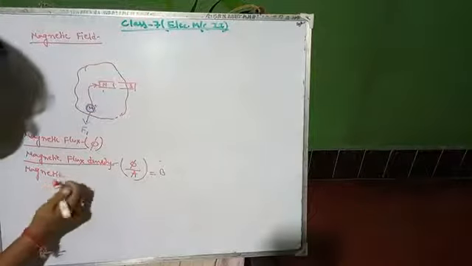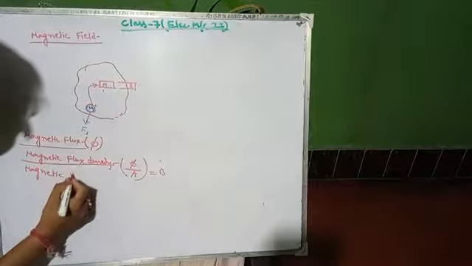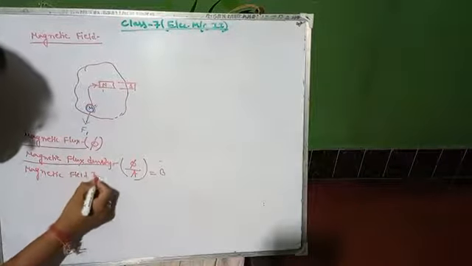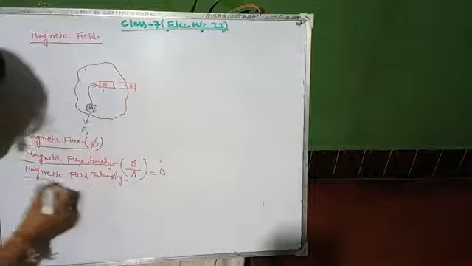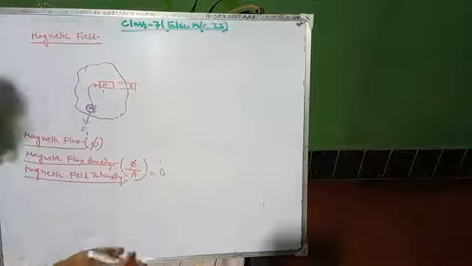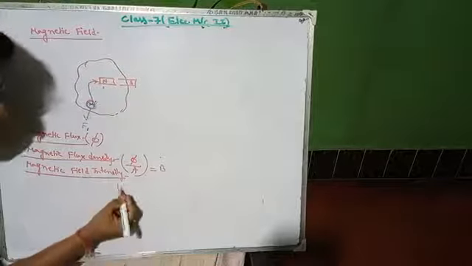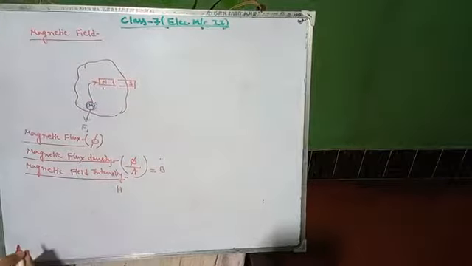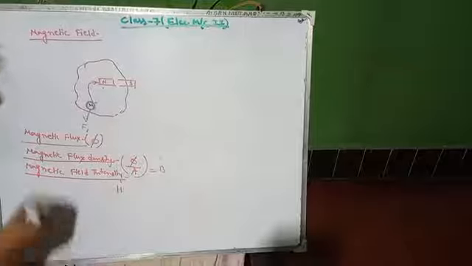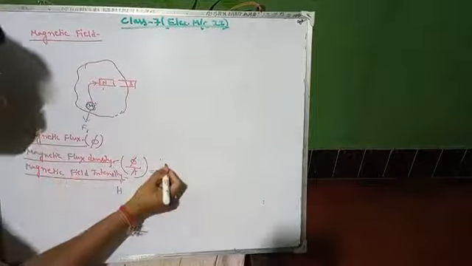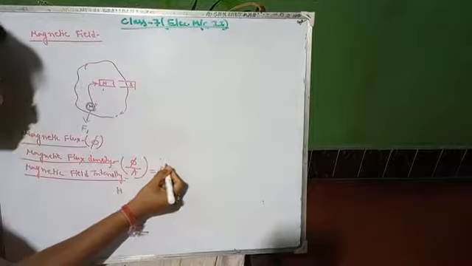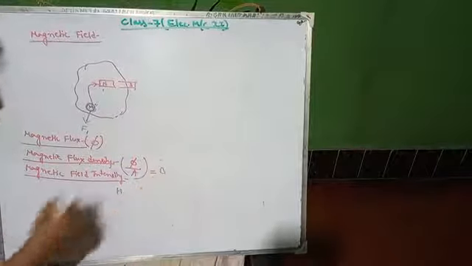Next topic, magnetic field intensity. What is magnetic field intensity? Magnetic field intensity is denoted by H. Here we are only taking the magnitude, so we will not put any vector sign over any parameters.